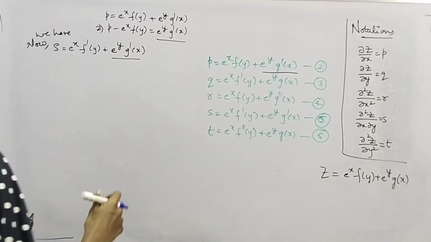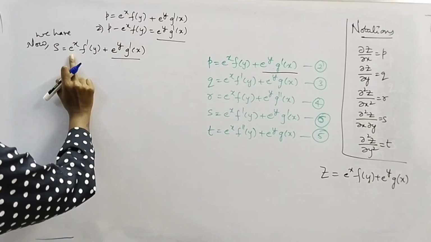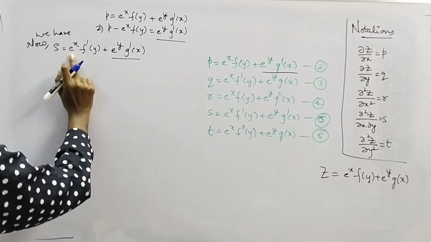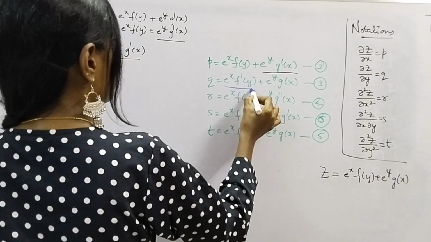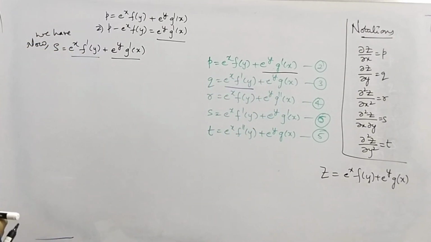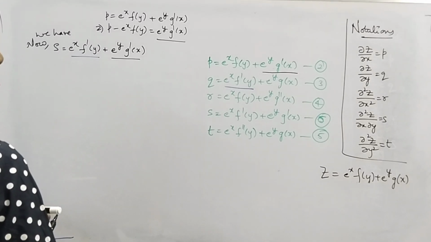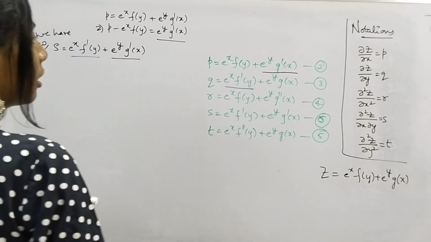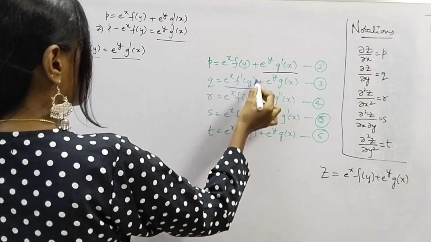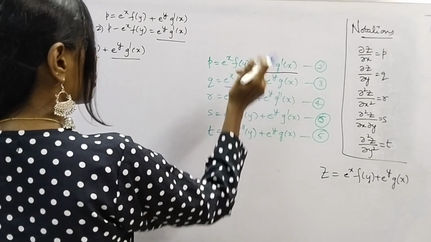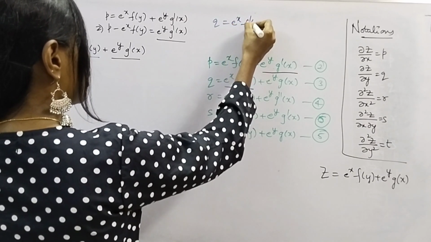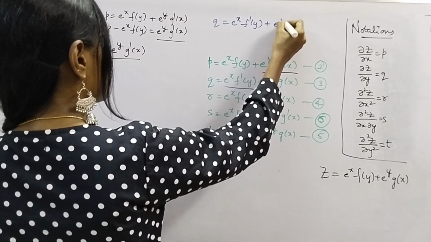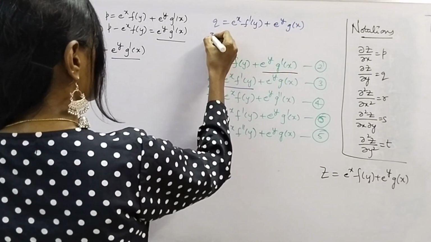You need to practice. Now, again, I'll try if I can get the value of e power x into f dash of y. Yeah, I notice that q has e power x f dash of y, right? So what I'll do is, I'll just find the value of e power x f dash of y using equation 3. We have equation 3, q equal to e power x f dash of y plus e power y g of x, right?